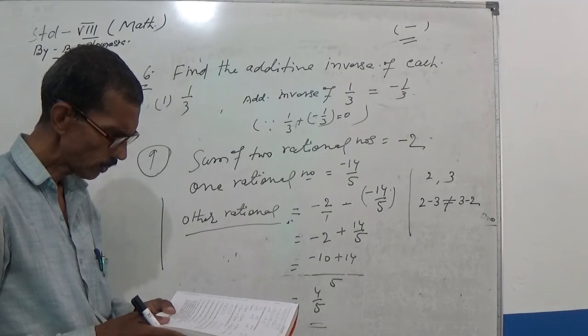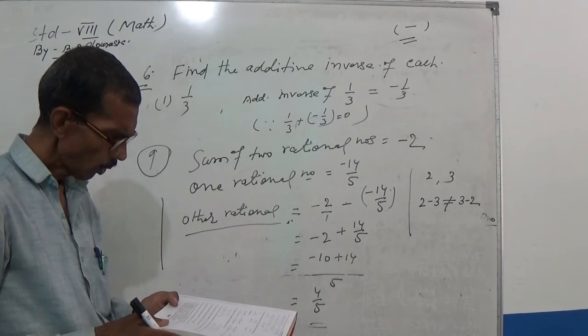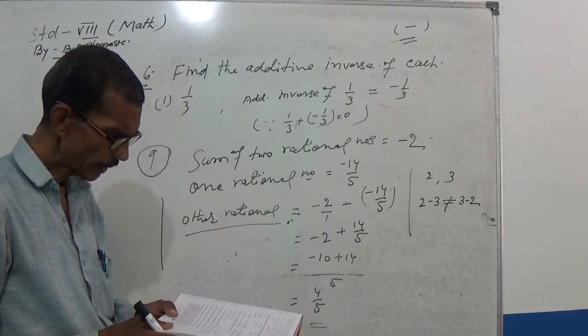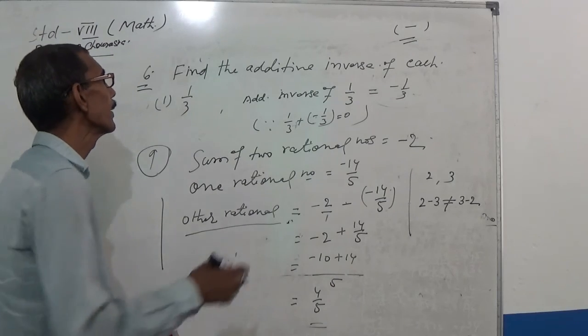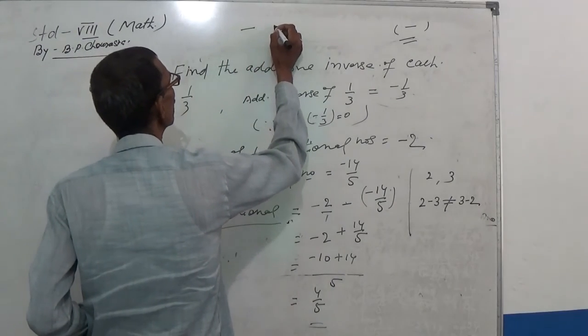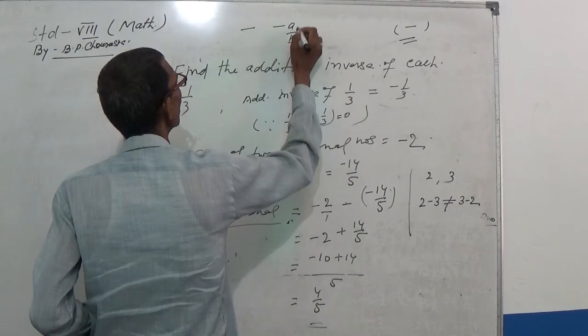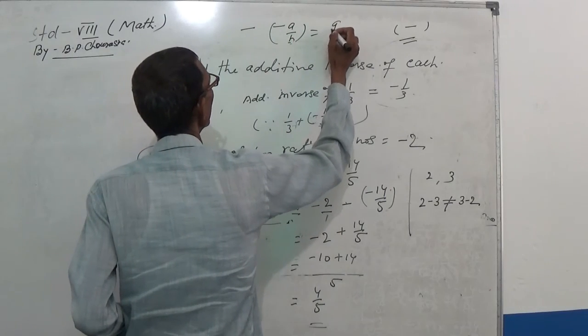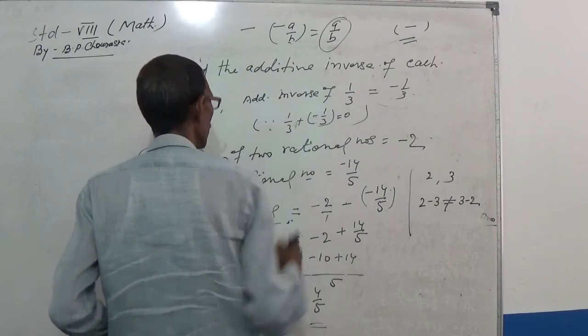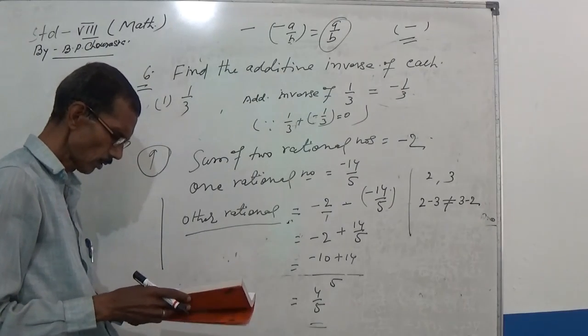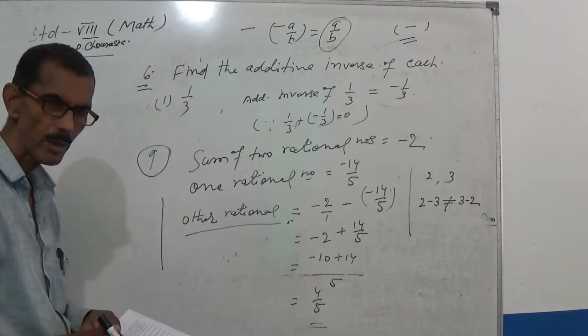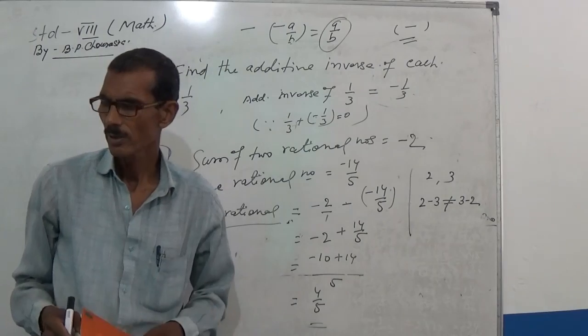Is subtraction associative? No. What is the negative of a negative rational number? The negative of a negative is equal to positive. Okay, thank you very much.